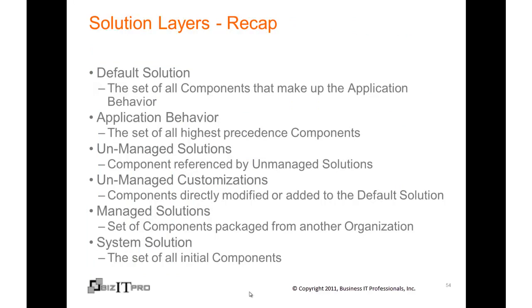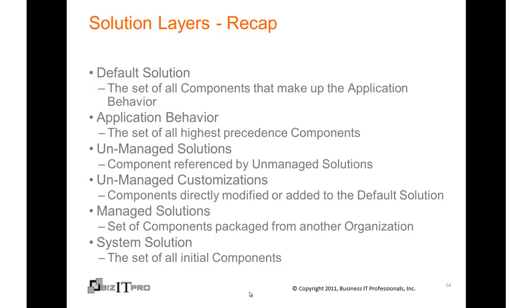Solution layers recap. The default solution is the set of all components that make up application behavior. Application behavior is the set of all highest precedent components. Unmanaged solutions include components and are referenced by these solutions. Unmanaged customizations are components directly modified or added to the default solution.